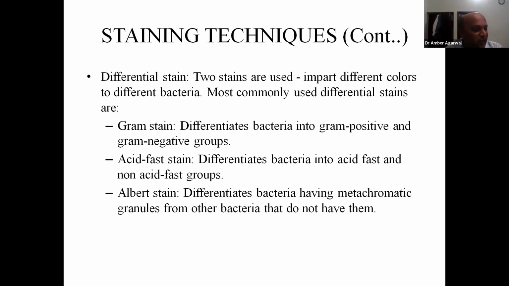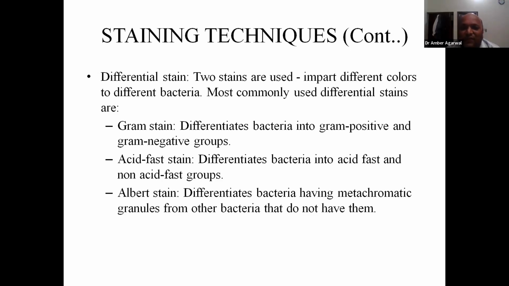Acid fast stain differentiates the acid fast and non-acid fast. And Albert stain differentiates bacteria having metachromatic granules from other bacteria. In a lab, most commonly gram stain is performed and then acid fast stain. Albert stain is very infrequently performed.